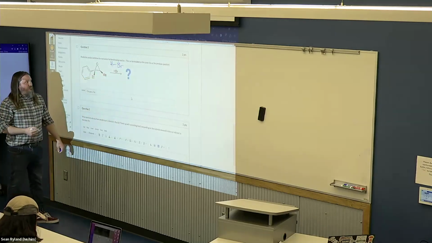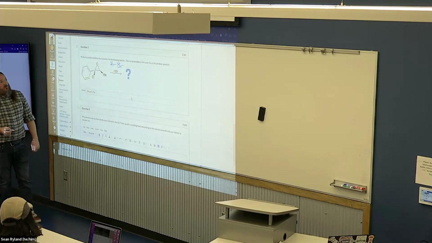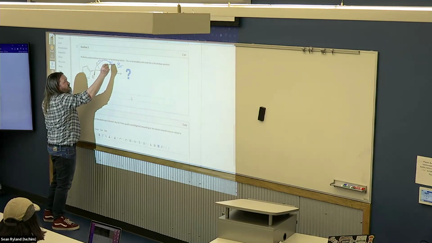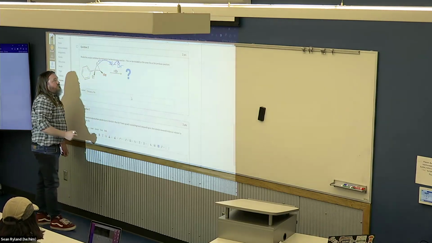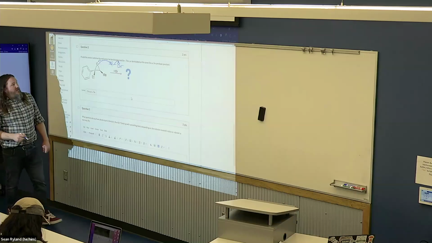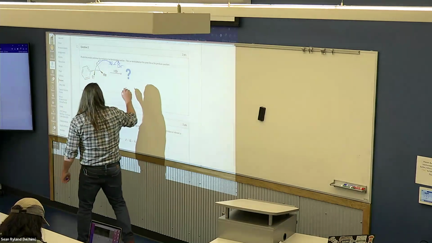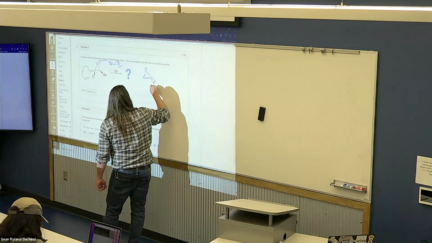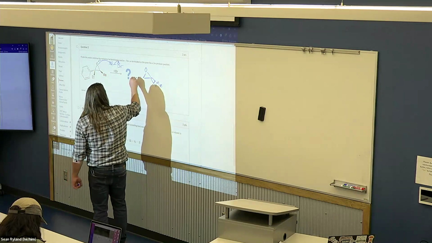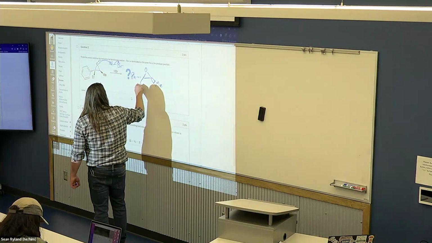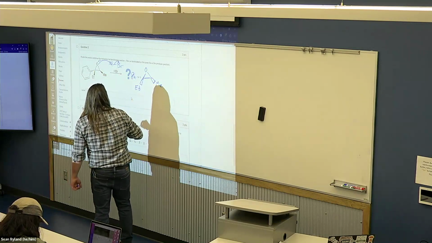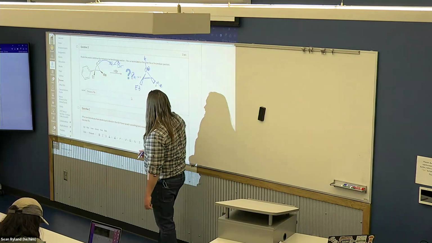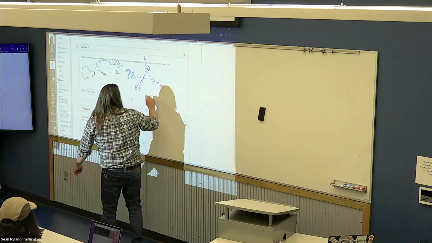Draw the bonds that have to be formed here. So yeah, proton transfer. That gives us an intermediate that looks like the same molecule, protonated, and generated our nucleophile while we're at it.